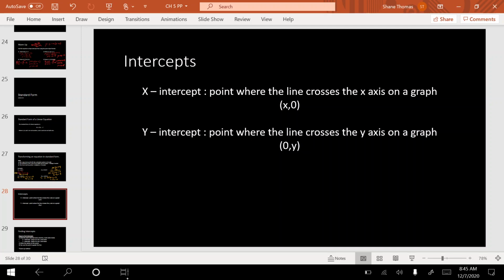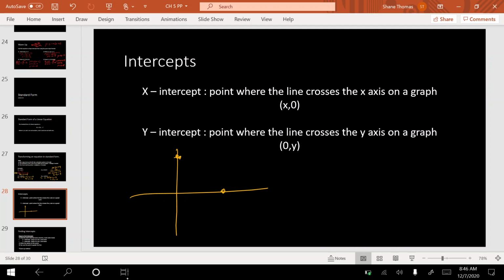An x-intercept is the point where your line crosses the x-axis on the graph. Your x-intercept every single time is going to be an x value, and your y value is 0. Your y-intercept is the point where the line crosses the y-axis on a graph. Anytime you have a y-intercept, you have a y value, and your x is 0.